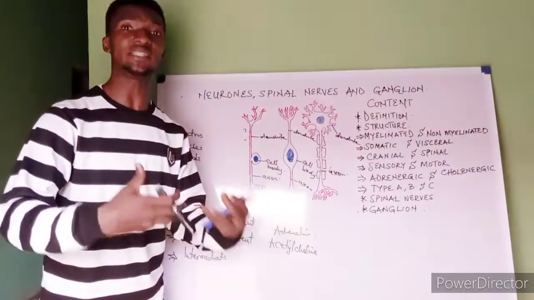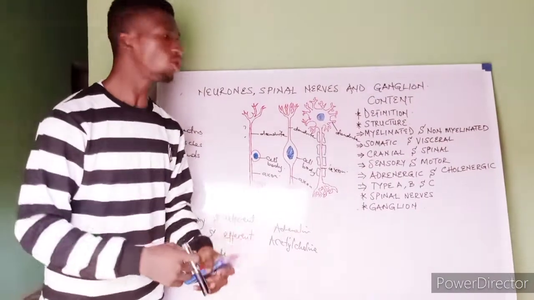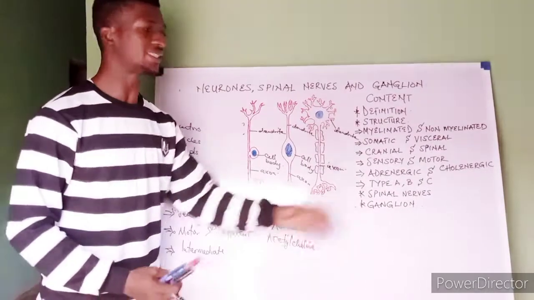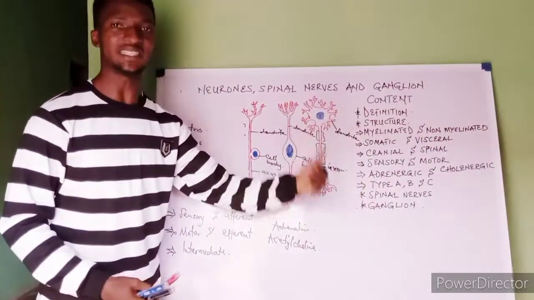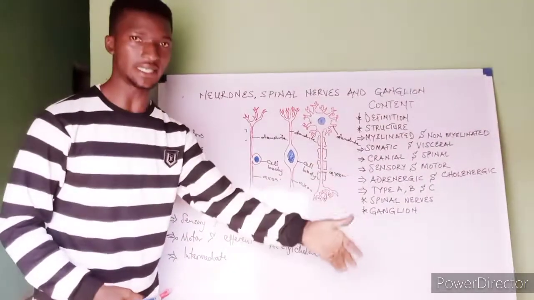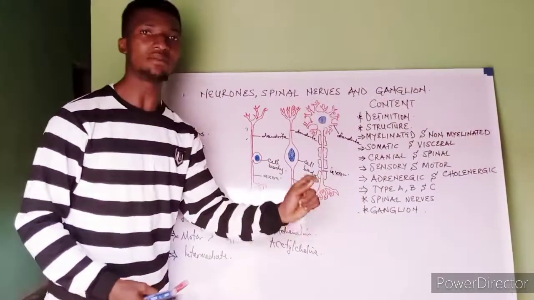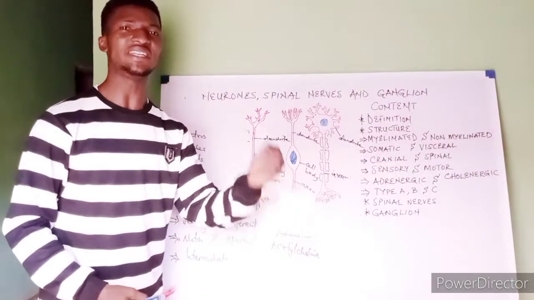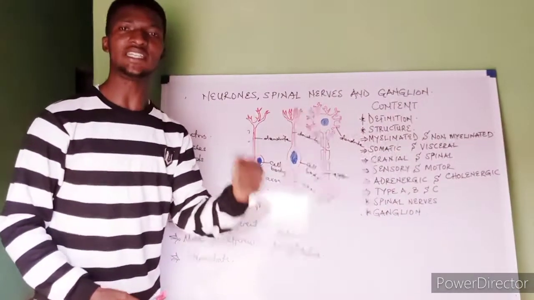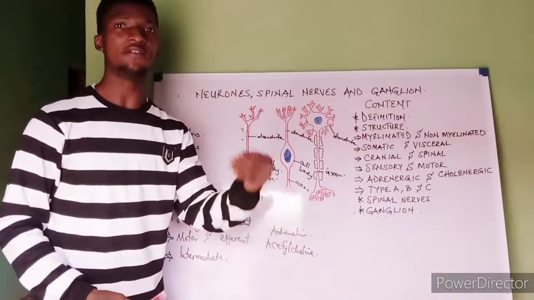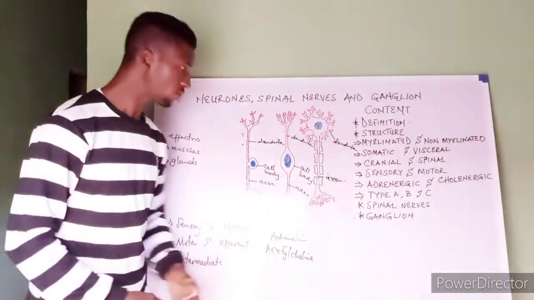Type A is very thick and has a large diameter, so it can conduct impulses faster. While type B has lesser diameter and lesser thickness, and it conducts impulses moderately. But type C has the least diameter and the least thickness, and has the potential to conduct impulses very slowly.